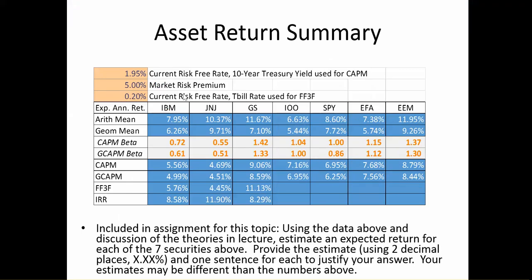So, in this exercise, we've looked at trying to estimate expected returns. We first looked at historical data using arithmetic and geometric mean. We calculated CAPM, global CAPM, Fama-French three-factor model and IRR returns based on fundamental analysis.